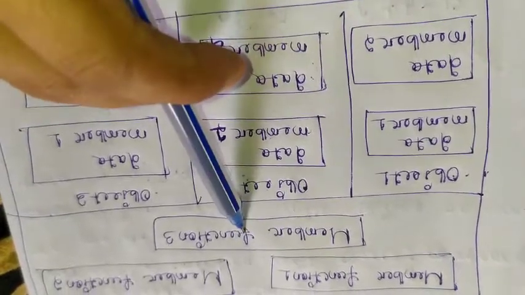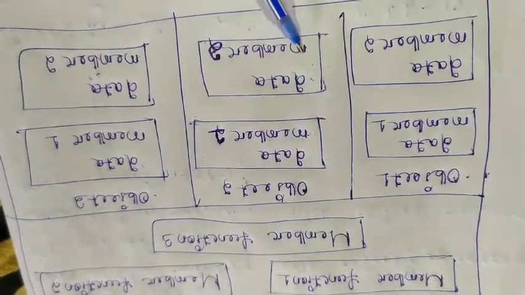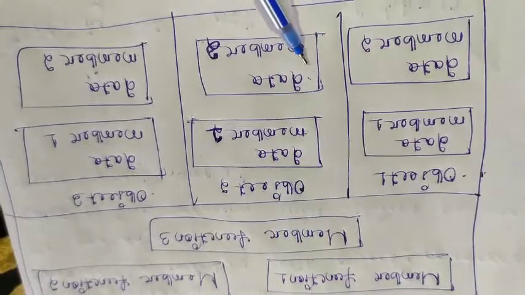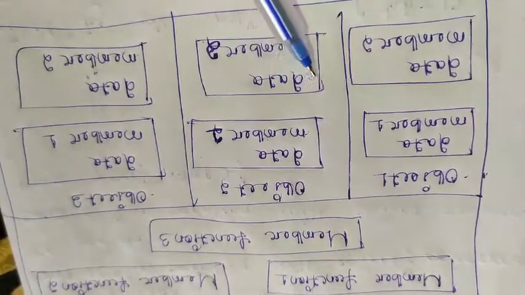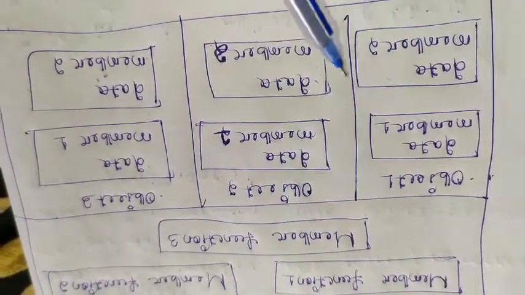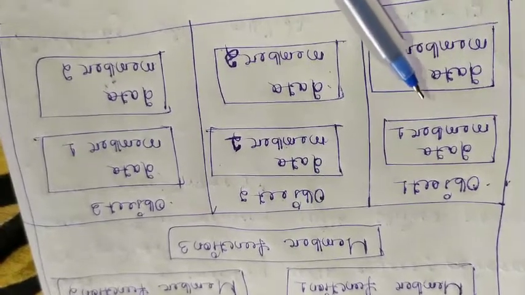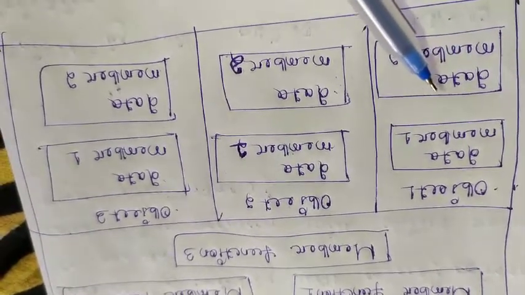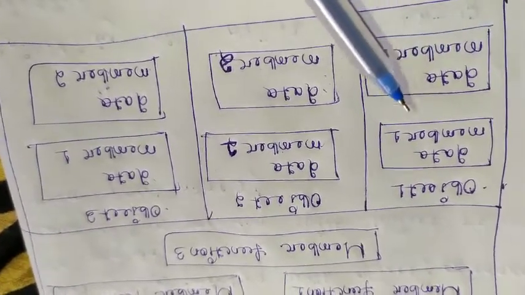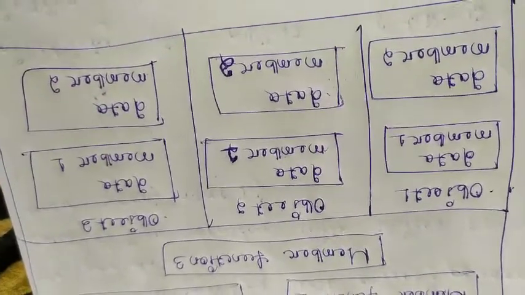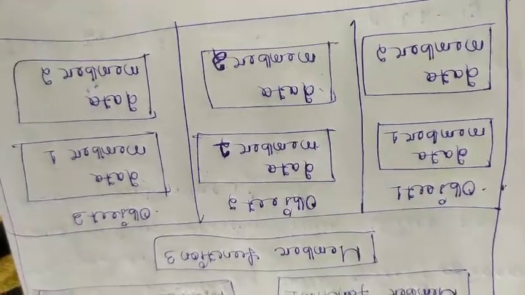Because member function 3 is common for all. This problem is overcome by using the this pointer concept.